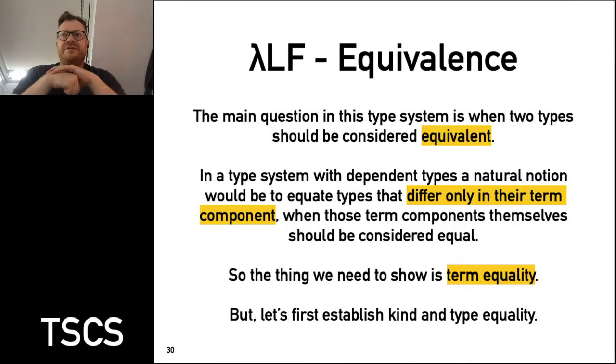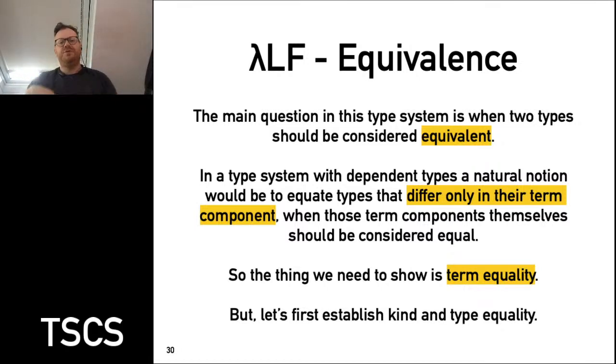So when you have static parts of a type, you don't need to consider them. This is basically what this says. You can only look at the difference in their term component. When they only differ in their term component, then you need to look at the term component, otherwise you're fine. You already know your answer.